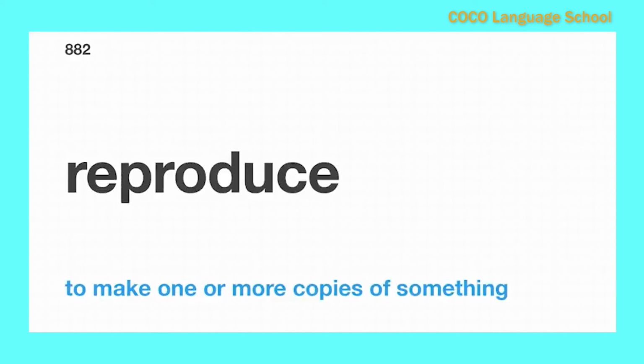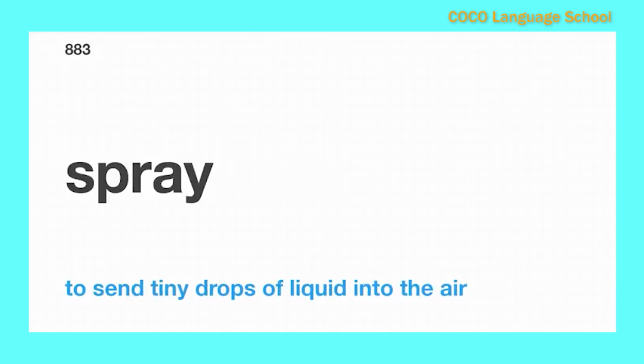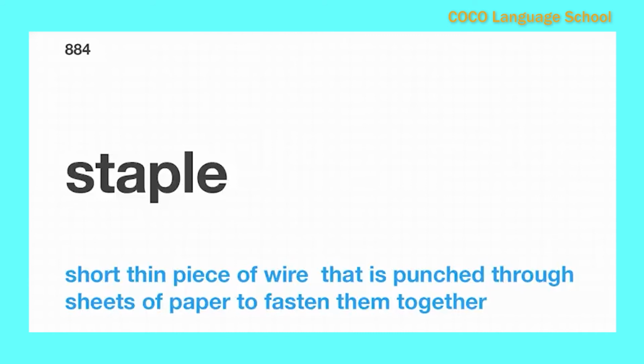To make one or more copies of something. Reproduce. To send tiny drops of liquid into the air. Spray. Short thin piece of wire that is punched through sheets of paper to fasten them together. Staple.